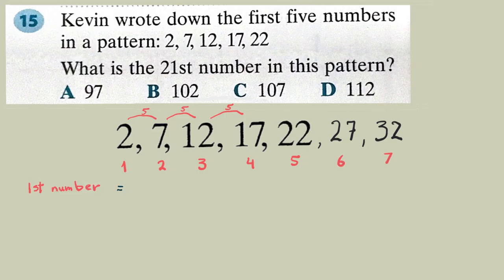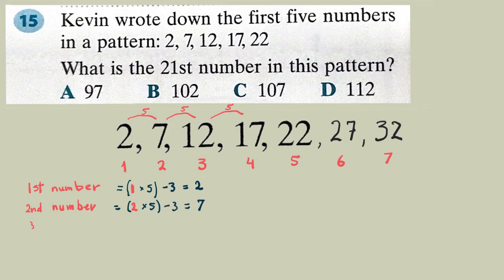To obtain my first number, which is 2, I might have multiplied 1, because it's the first term, by 5, and take away 3, and that would give me 2. Which is my first number. Now let's look at the second number. It's 2, and again I'll multiply it by 5, take away 3, and I'll get 7.